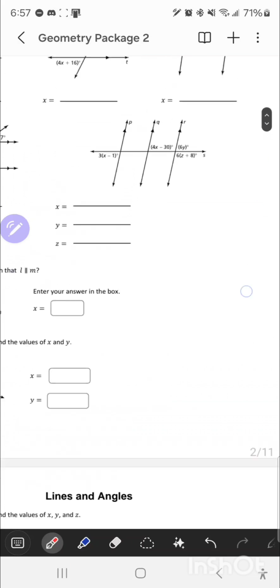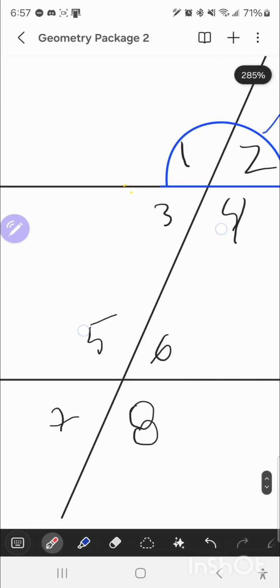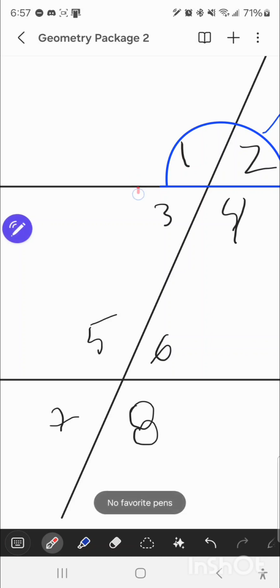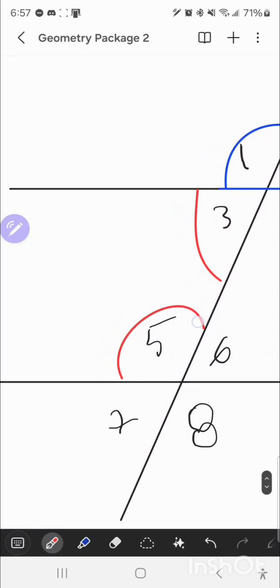Okay, I'm going to keep explaining first all the ones that add up to 180. So you can put them together. So 3 and 5, I want to use them. As you can see, they are next to each other.